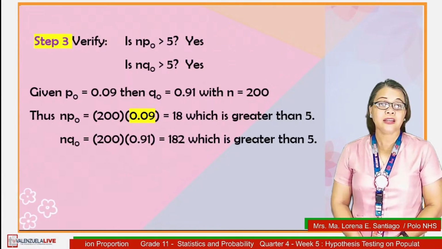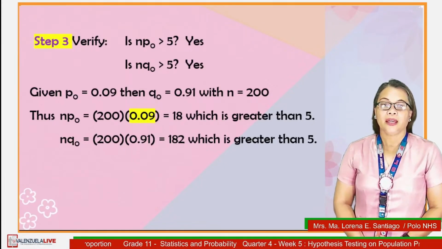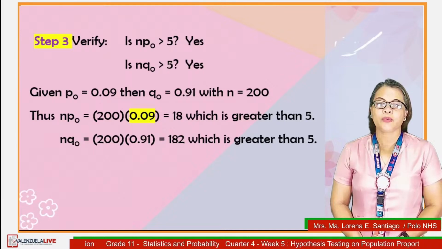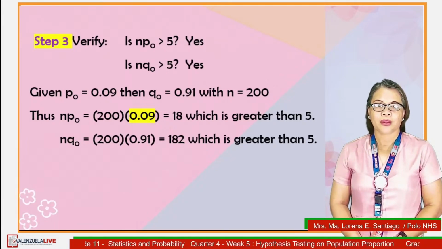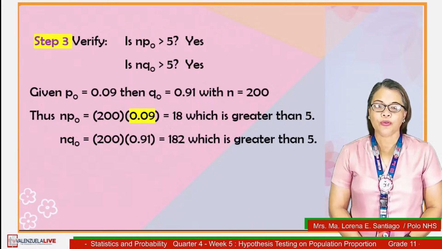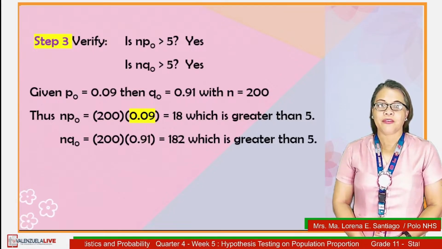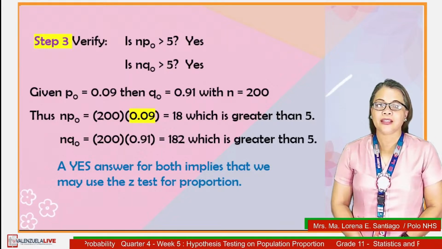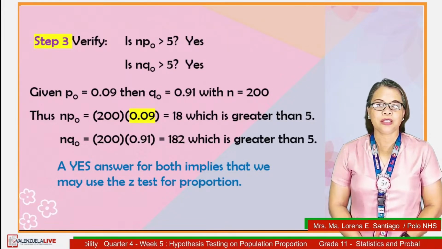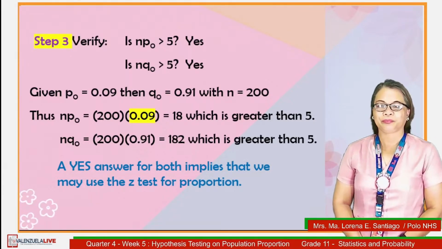And 18 is indeed greater than 5. N times q sub 0 is equal to 200 times 0.91, and that is equal to 182, which is greater than 5. Thus, both are answered by yes, and that is an indication that we will be using the z-test for proportion.